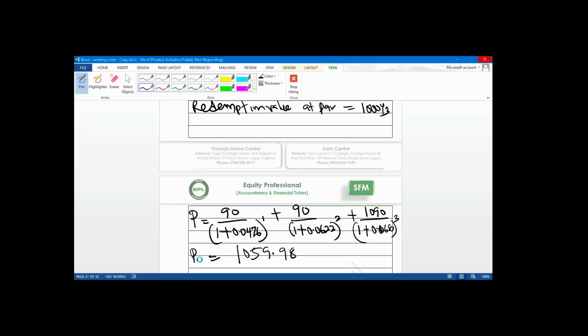That is the price of the bond. You can approximate for convenience, 1,060.